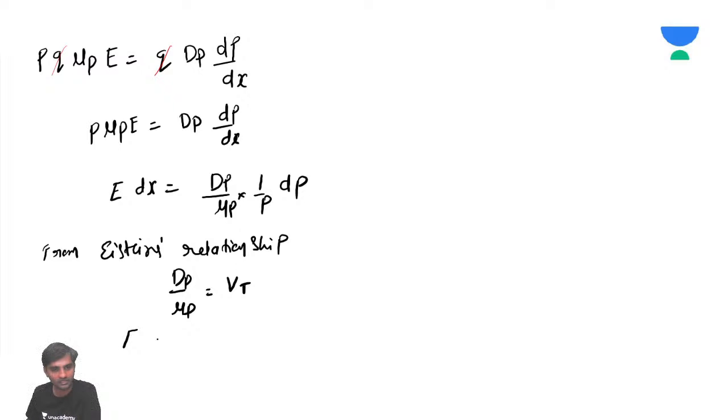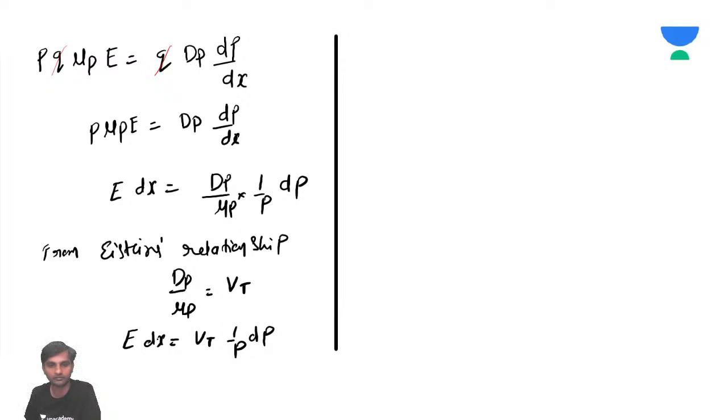So I can write E dx is equal to V_T into 1 by p dp.